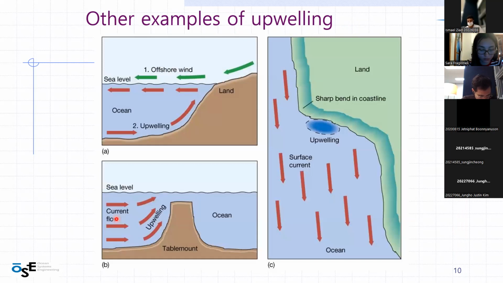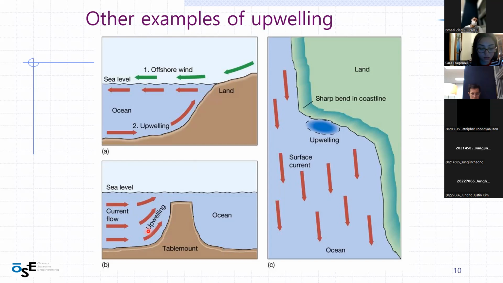And these are other examples of upwelling. The first example is induced by offshore wind. The surface water goes offshore and the pressure decreases, so deep water goes upward.